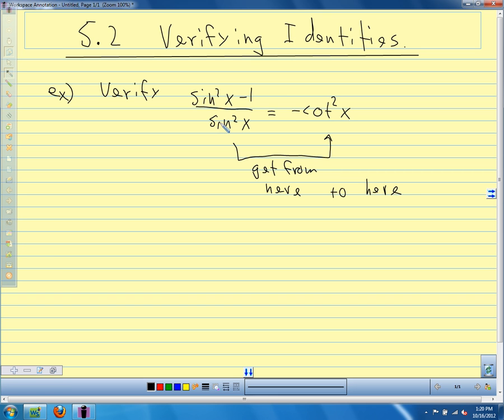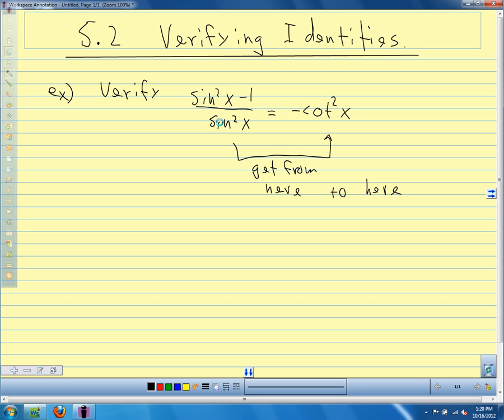Often sines and cosines go together well. Secant and tangent go together well because of how they're related. And cosecant and cotangent. When we see things that are squared, like I said yesterday, we're looking for opportunities to use those Pythagorean identities.